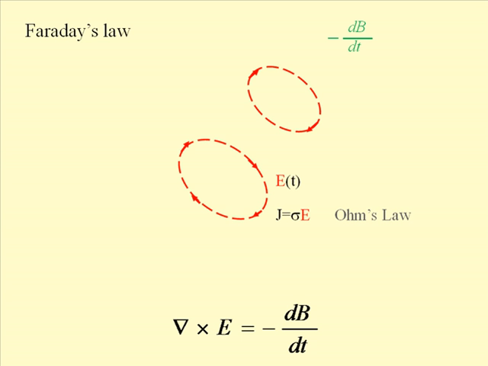This time-varying magnetic field is very important. And I've denoted the time-varying field by writing the time derivative dB by dt. If it varies as a function of time, then the time derivative is non-zero.